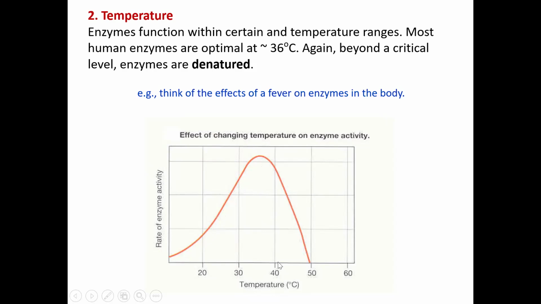Beyond that 36, the activity declines. At around 40 it is coming down, 41, 42, up to 50, it gets down to 0. It means at 50, the enzyme is completely denatured, and its three-dimensional structure is destroyed.